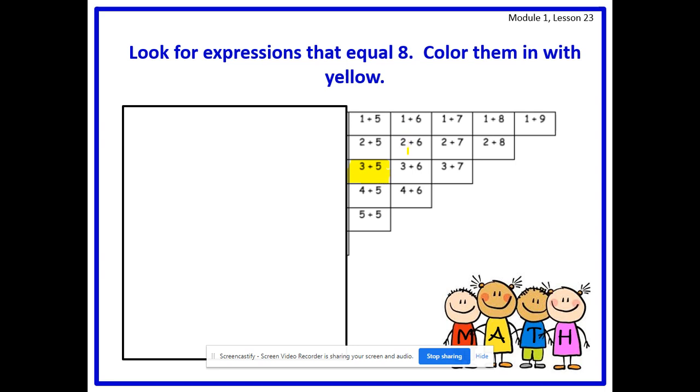What's 2 plus 6? Get ready. 8. You should have colored in this box in yellow as well. What's 1 plus 7? Get ready. 8. This box should have been in yellow too. Remember, it was only the expressions that had a total of 8.